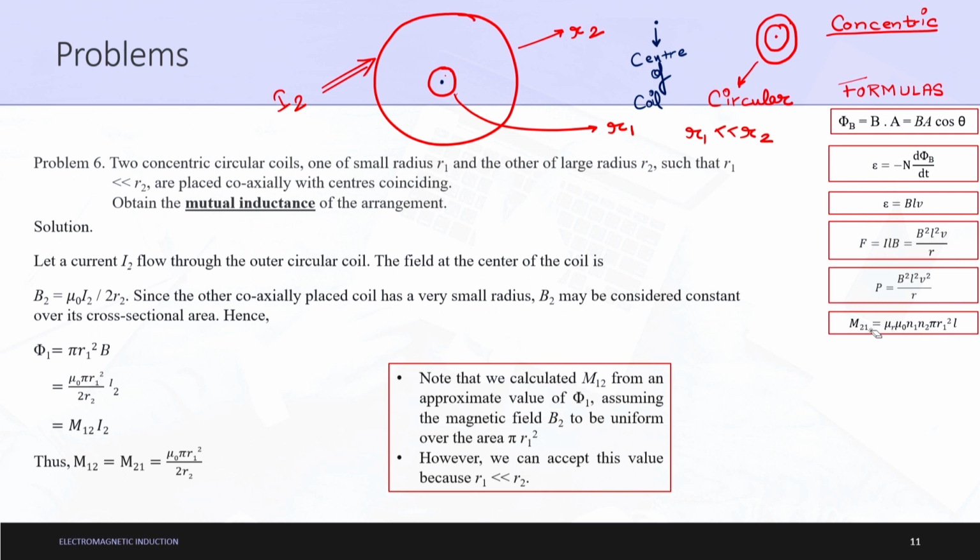In a simple problem in which R1 was very much less than R2, we applied the assumption of a constant magnetic field, which is required in some instances; future problems will be dealt with in subsequent lectures.